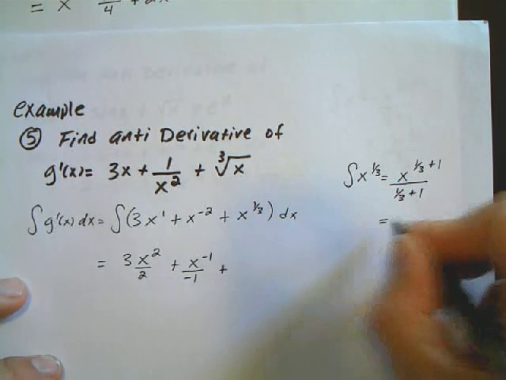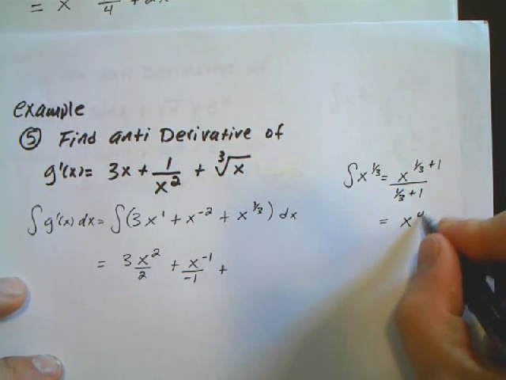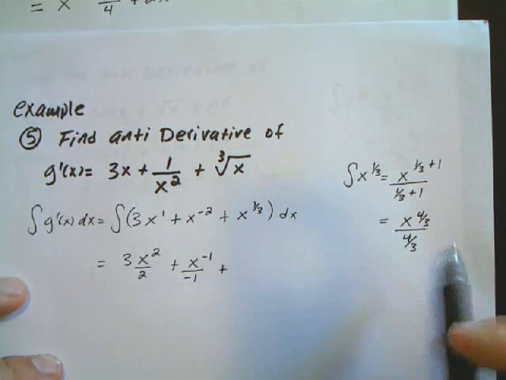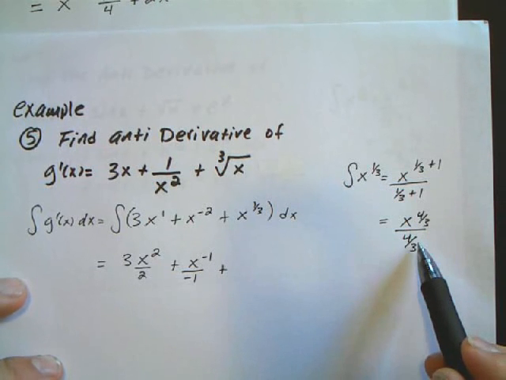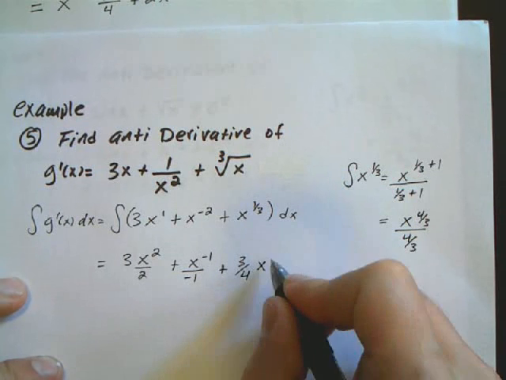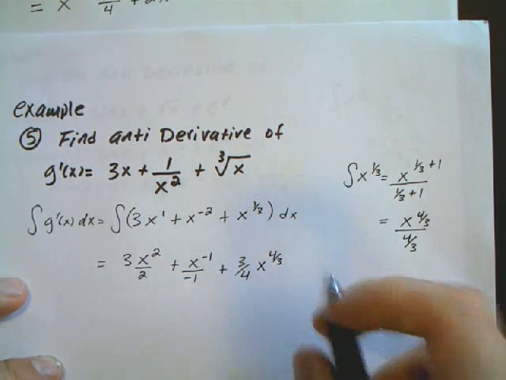So this is going to be 1/3 plus 1 is x to the 4 over 3 with all over 4 over 3. And if you take 4 over 3 and you flip it, it becomes a 3 over 4, x to the 4 over 3 plus c.